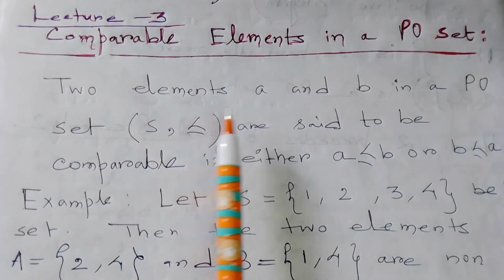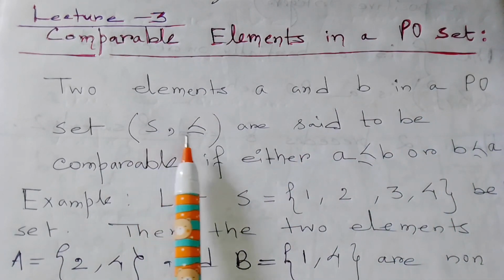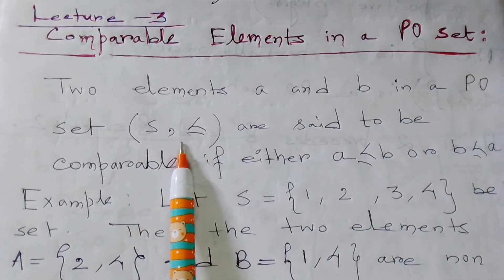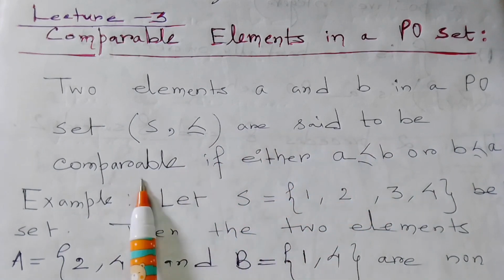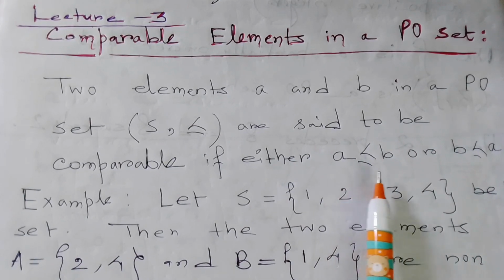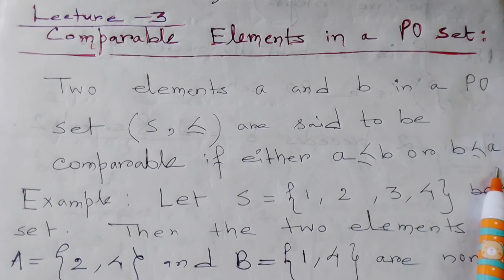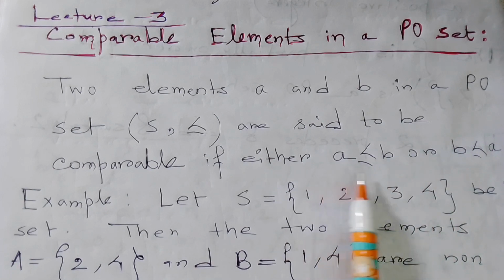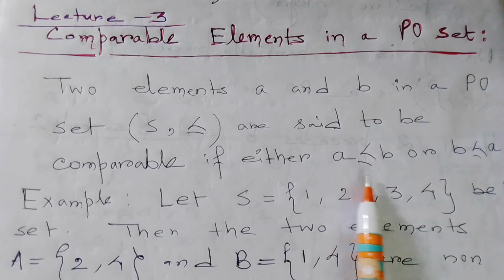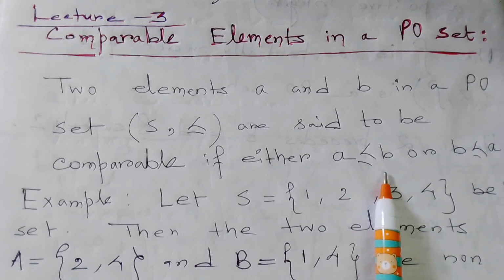Two elements A and B in a poset (S, ≤) are said to be comparable if either A ≤ B or B ≤ A. Actually here this ≤ sign signifies the poset order.